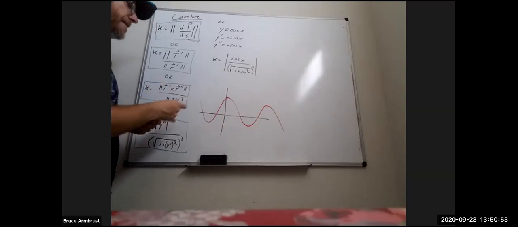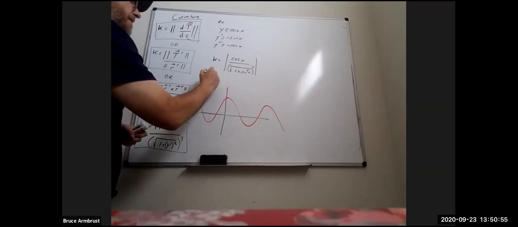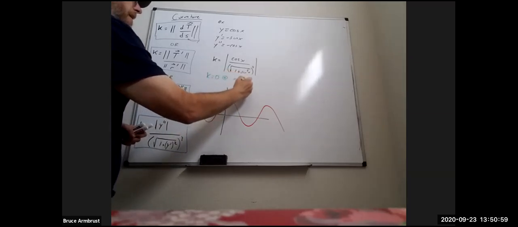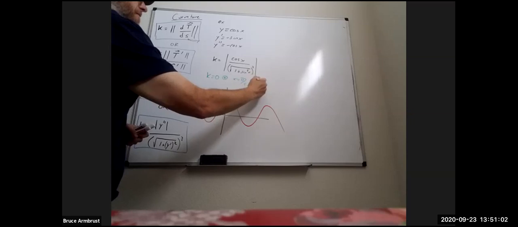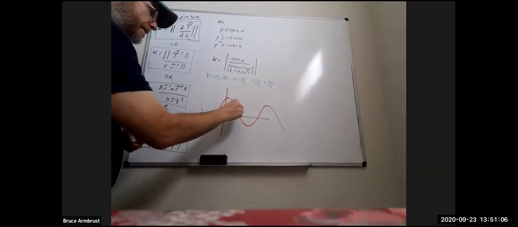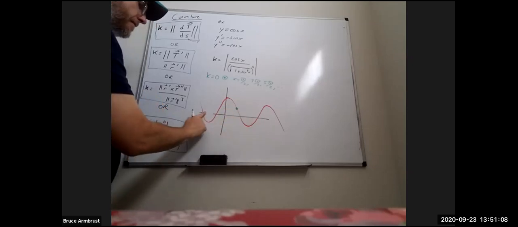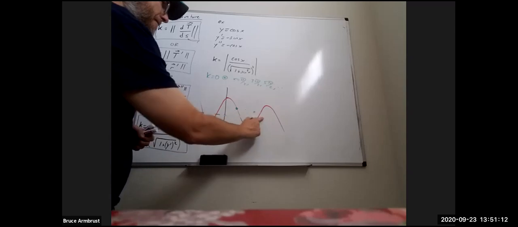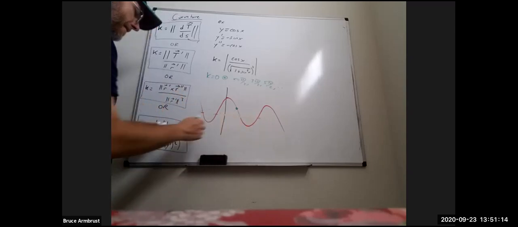We just saw that k is equal to 0 at the half pi's. So pi over 2, 3 pi over 2, 5 pi over 2, and so on. Well, I didn't draw this very well because those need to be the intercepts. Hold on one second.